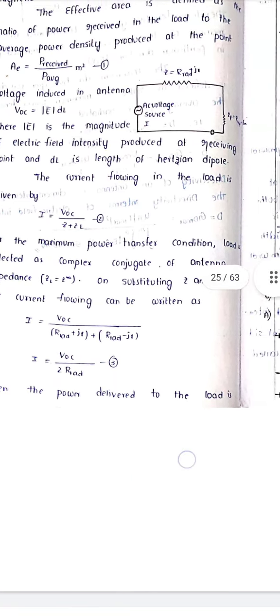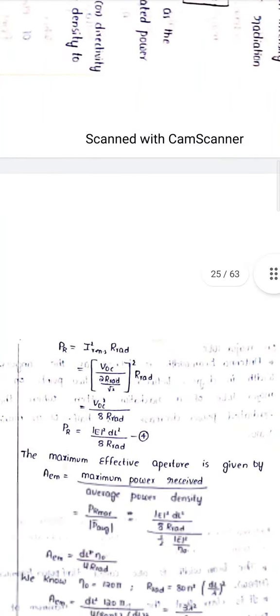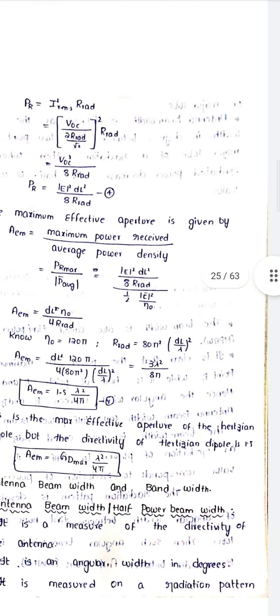Then the power delivered to the load: we already know power is equal to I squared R, where the current is in root mean square. So power is I_RMS squared times R radiated, with I equal to V_OC divided by 2 R radiated.